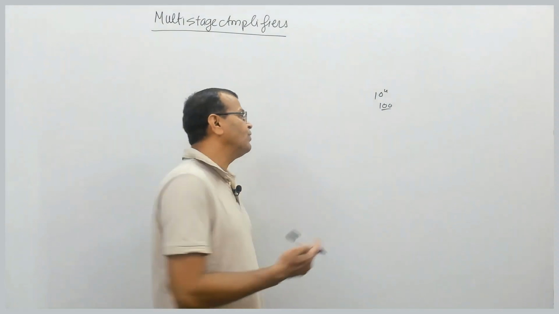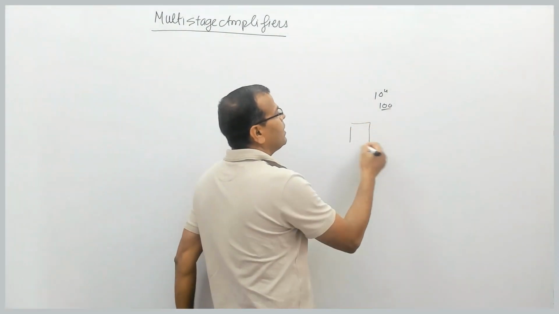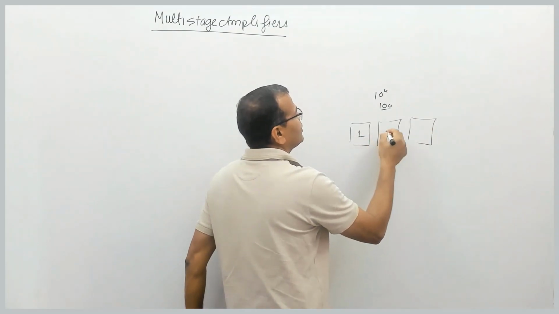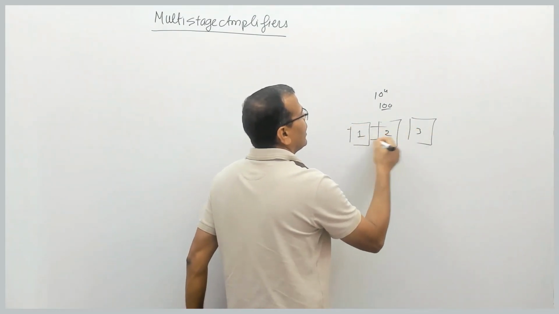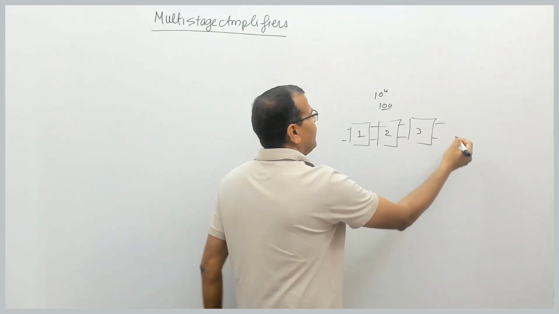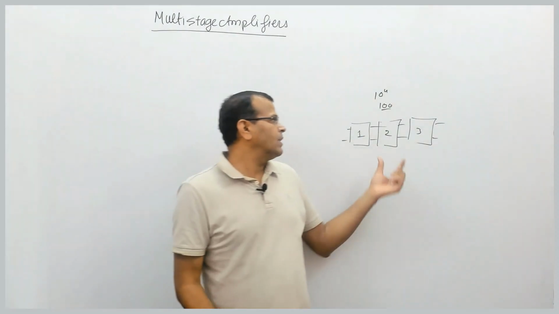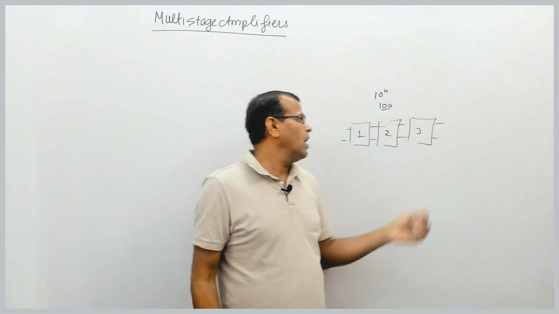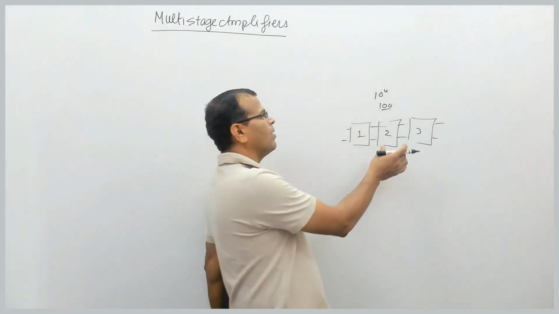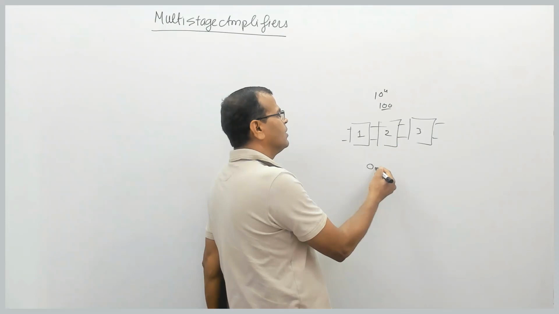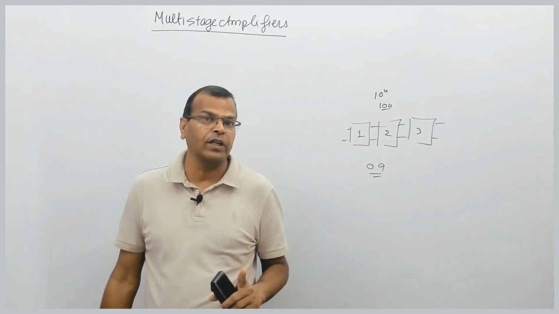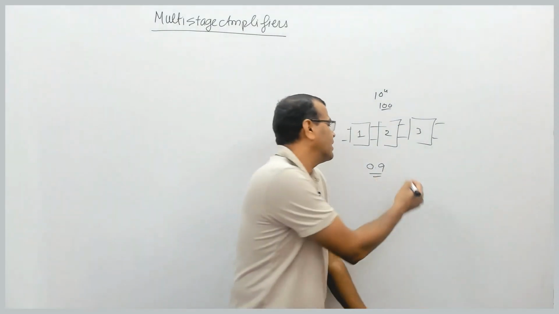So suppose we have multiple stages in the amplifier like this: first stage, second stage, third stage, and so on. This is the input stage, this is the intermediate stage, this is the output stage. In case of common collector configuration, the voltage gain is less than unity but of the order of unity, maybe 0.98 suppose.